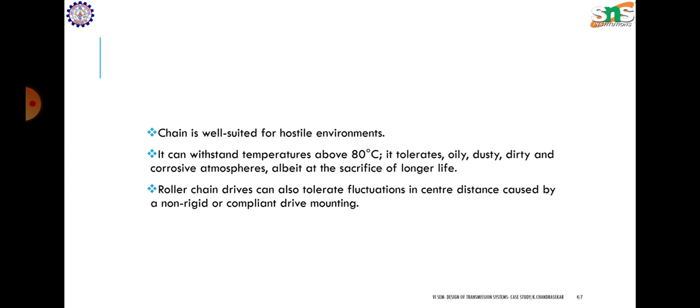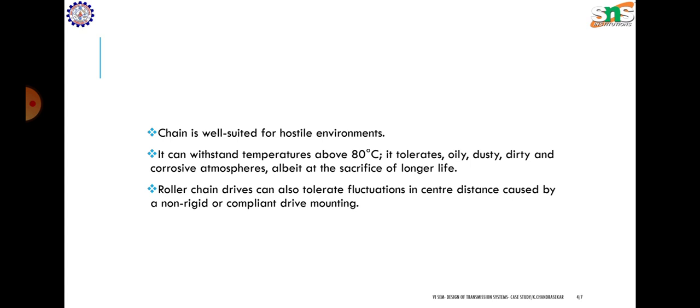In order to avoid that, the chain is used. The chain can withstand above 80 degrees Celsius, and it also tolerates oily, dusty, dirty and corrosive atmospheres, albeit at the sacrifice of longer life. So it works in all hostile environments.